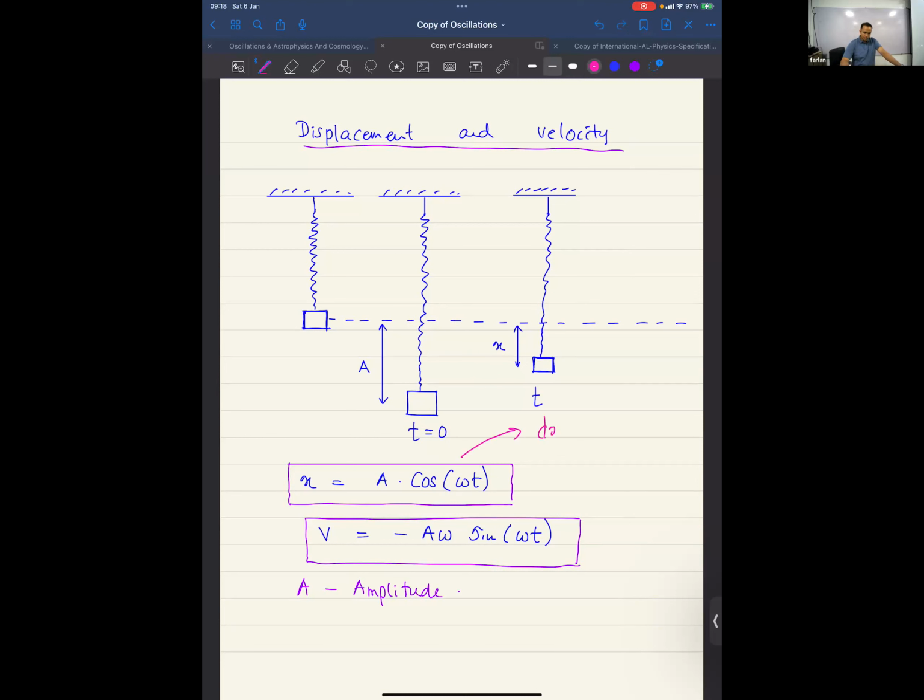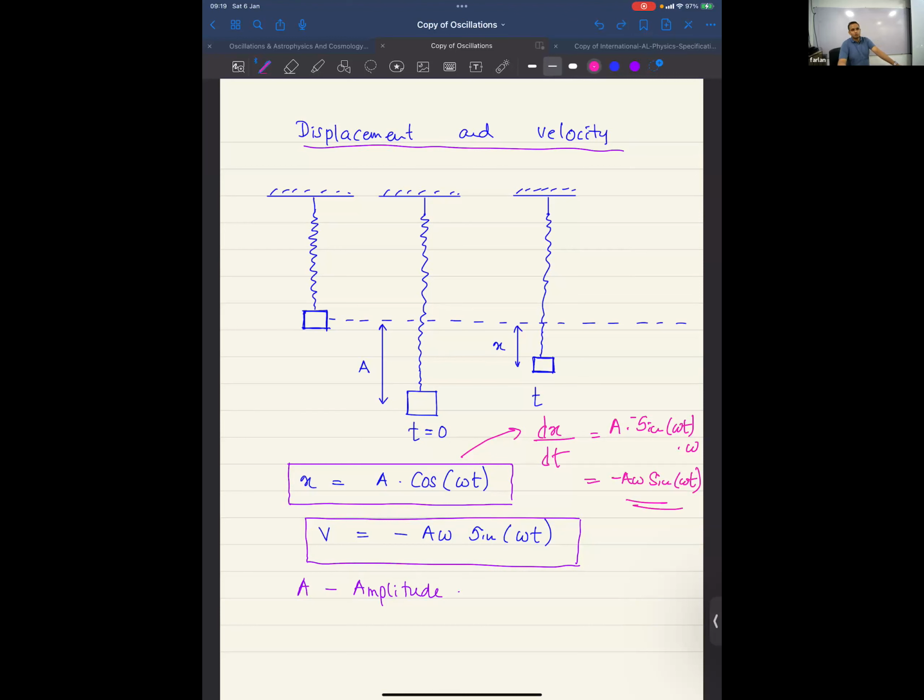So dx by dt is equal to, A is a constant, A cos omega t differentiates to minus sine omega t into the differentiation of omega t, which is omega. So that brings you minus A omega sine omega t. That is how this equation is derived.